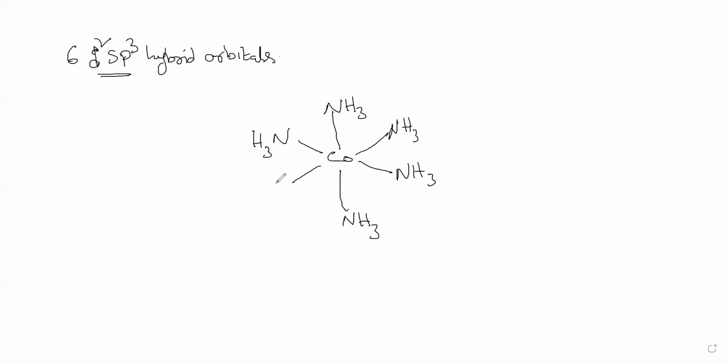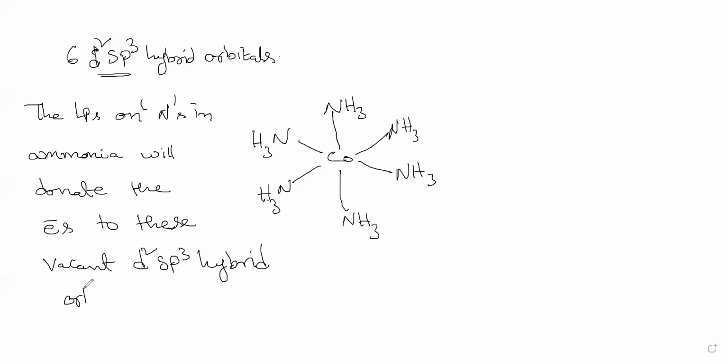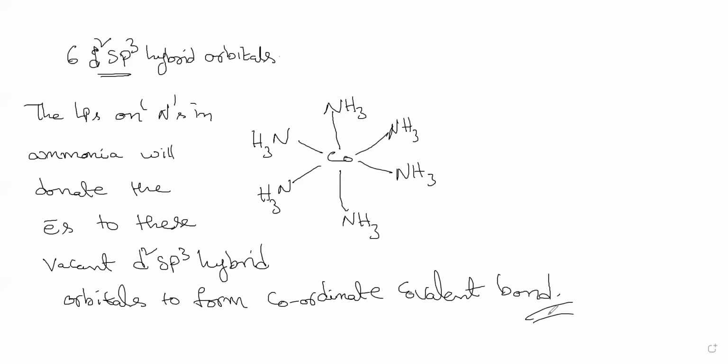So you can write the lone pairs on nitrogens in ammonia will donate the electrons to these vacant d2sp3 hybrid orbitals to form coordinate covalent bonds. So this is what the formation looks like.